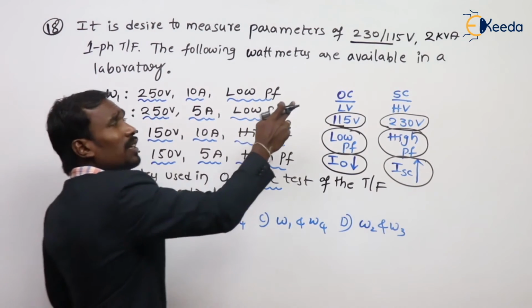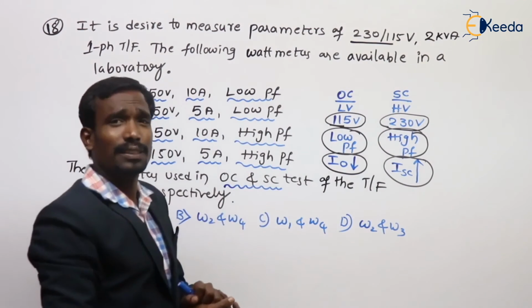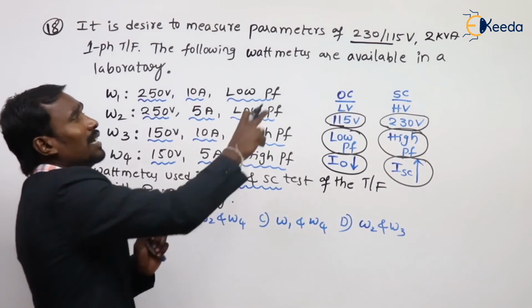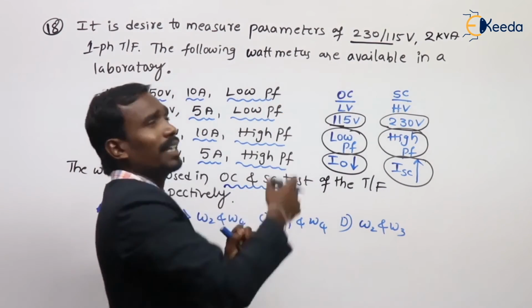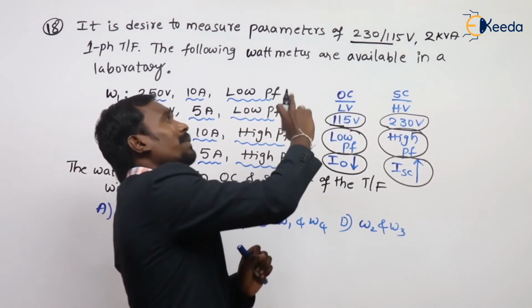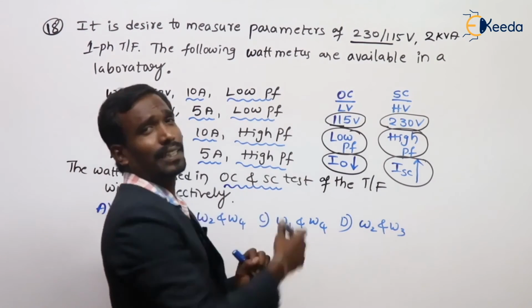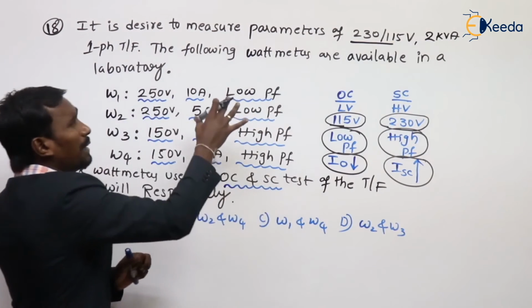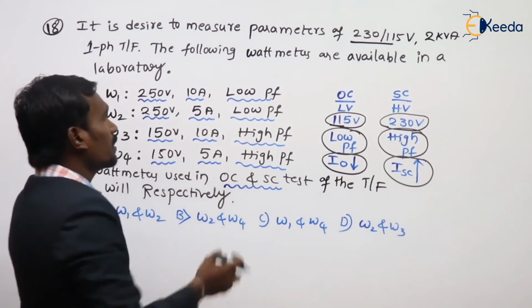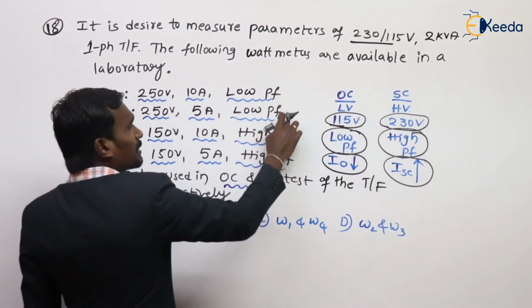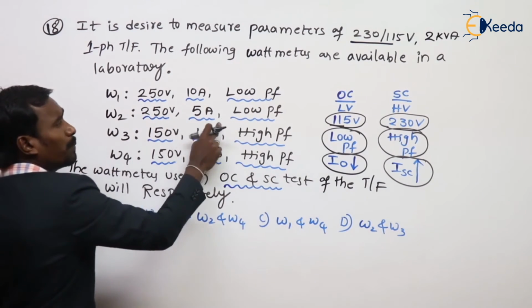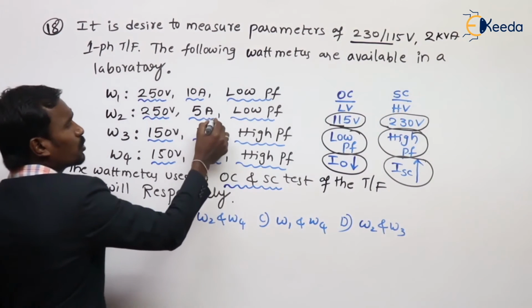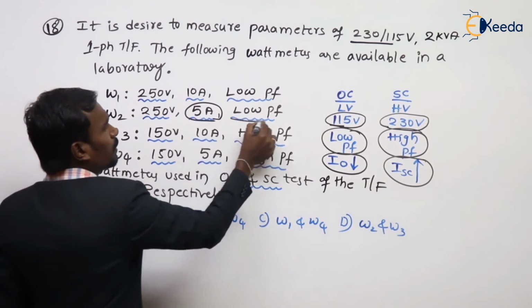Sir, we said the OC test should be conducted on the LV side, but in the question they have given LV and HV directly, as primary and secondary. So we have to go based on the question. Low power factor is the 100% correct answer for OC, and the current should be minimum for OC. These two are 100% preferable for the OC test.